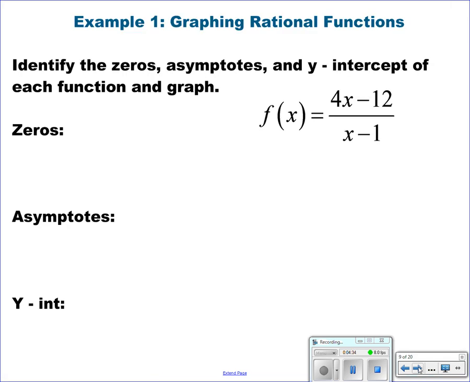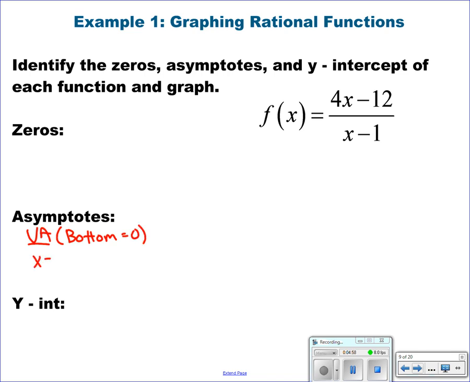Graphing this: identify the zeros, asymptotes, and y-intercept of each function, and graph. So let's first talk about the asymptotes. The vertical asymptote, I abbreviate that VA. That means the bottom equals 0, the value that makes the bottom equal to 0.